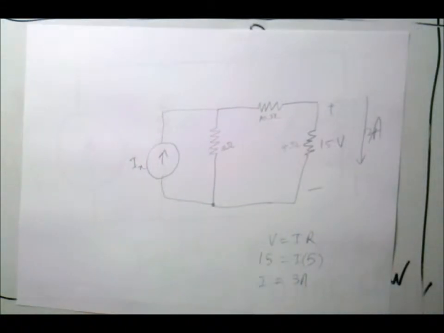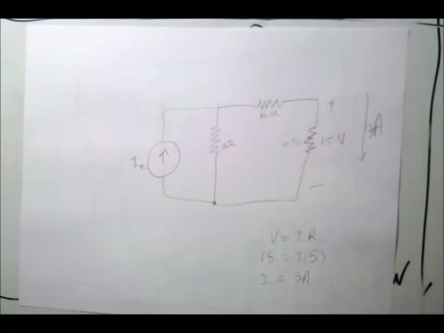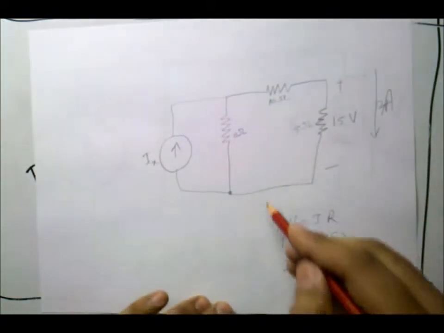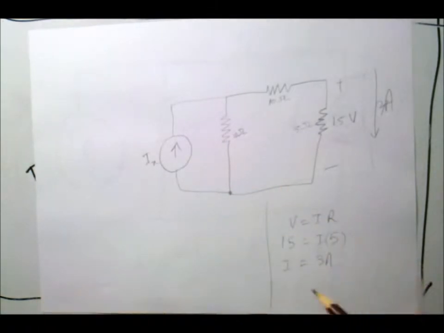Now what we can do is combine these two resistors. They are in series, so they will just add up, and we will have an equivalent resistor of 15 ohms.